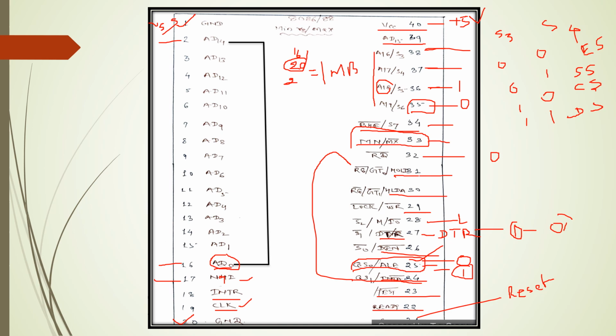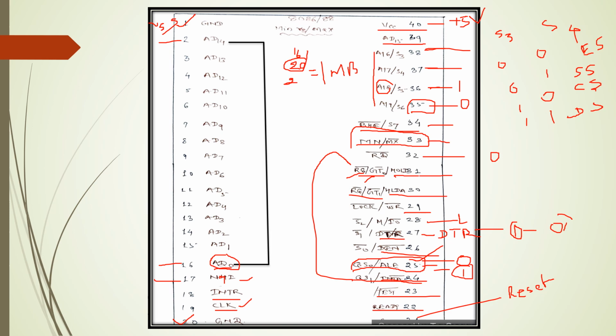Now we will discuss the maximum mode pins between 31 and 24. Here pins 31 and 30 show RQ/GT0 and RQ/GT1. This is called request grant. Only in maximum mode are these pins used, RQ for request and GT for grant.